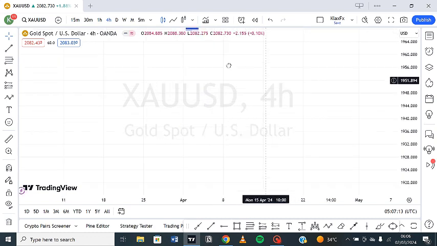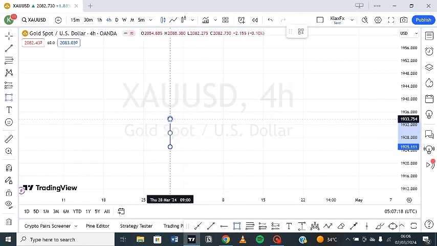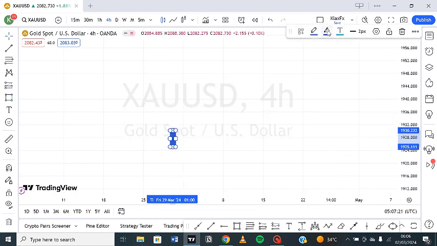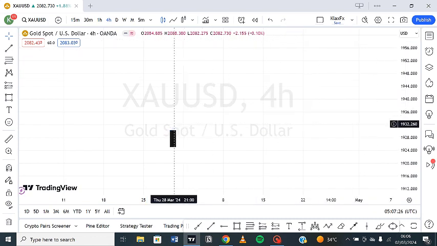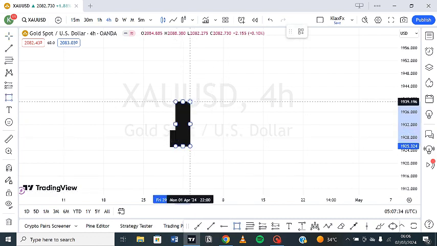Now the third type of Malaysian SNR is the one we call the classical SNR. So for the classical SNR, you have something like this, and a bearish candle, and you have something like this.